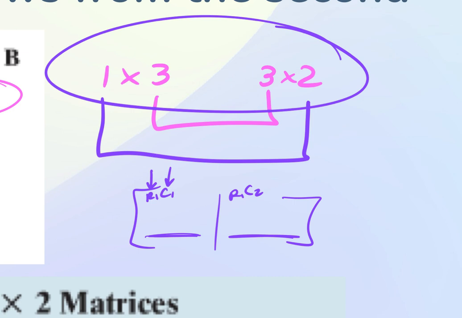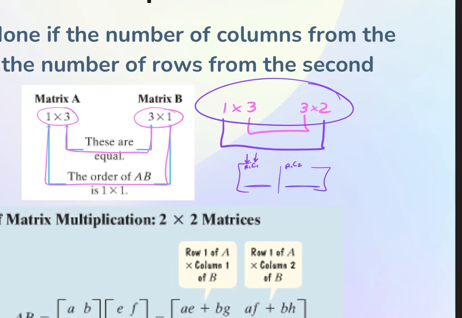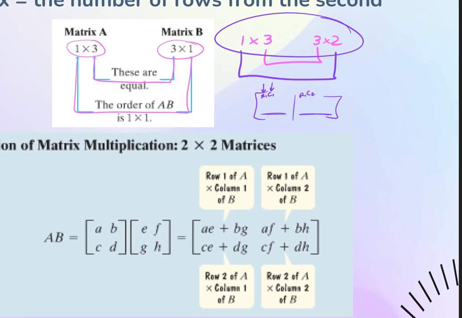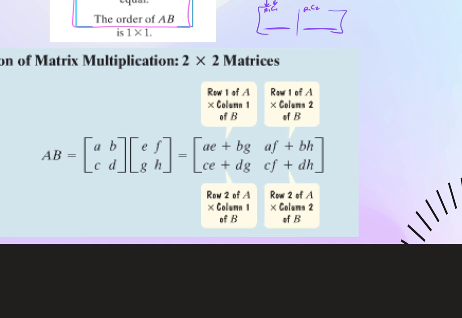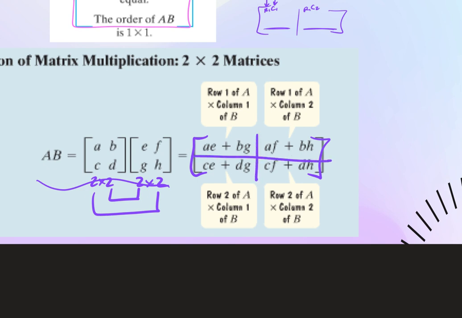So first thing, check, can it be done? Second thing, what are the dimensions of your answer? And then third thing, go through the process. So if I look at the example that's here, that's a 2 by 2 and a 2 by 2. The 2's match, so it can be done. The 2 by 2 is my answer. So then we made a matrix that has 2 rows and 2 columns. And then you multiply across and down.